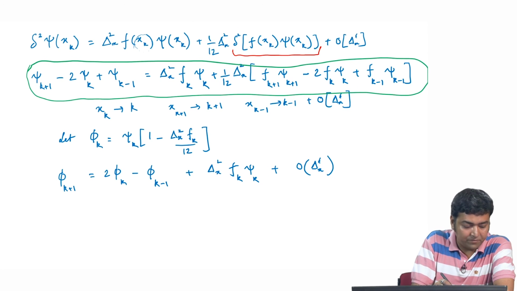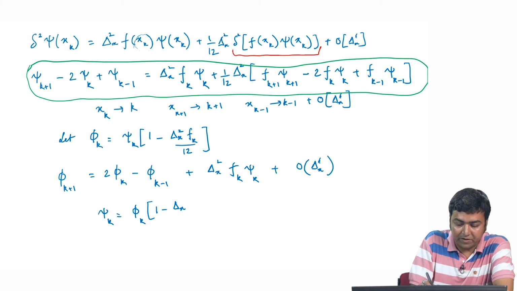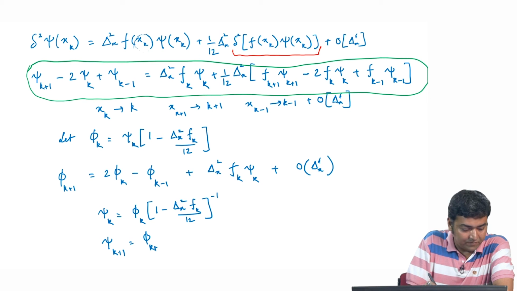Using this, we can get psi k equals phi k into 1 minus del x square f k by 12 to the power minus 1, and similarly psi k plus 1 is phi k plus 1 into 1 minus del x square f k plus 1 by 12 to the power minus 1.